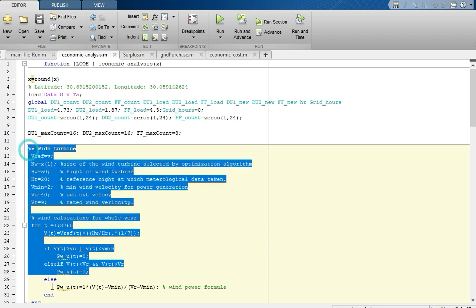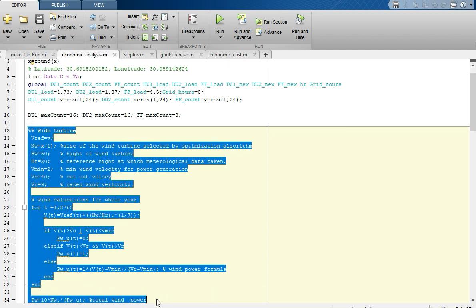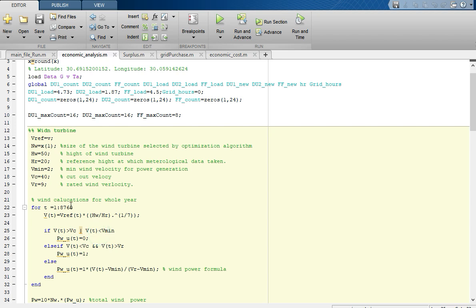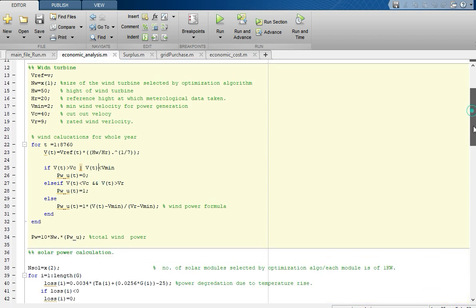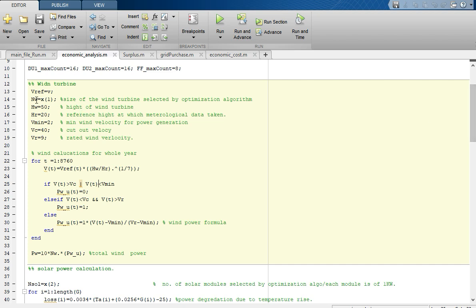So here is the wind turbine modeling. I will provide literature that contains this wind turbine modeling. You can see the formulas, how the wind turbine power can be calculated. The size of the wind turbine is equal to x1. x1 is decided by the optimization algorithm and gives us the number of wind turbines, and each wind turbine is 10 kilowatt. This is the hub height of the wind turbine. This is the reference height at which we are taking this velocity.